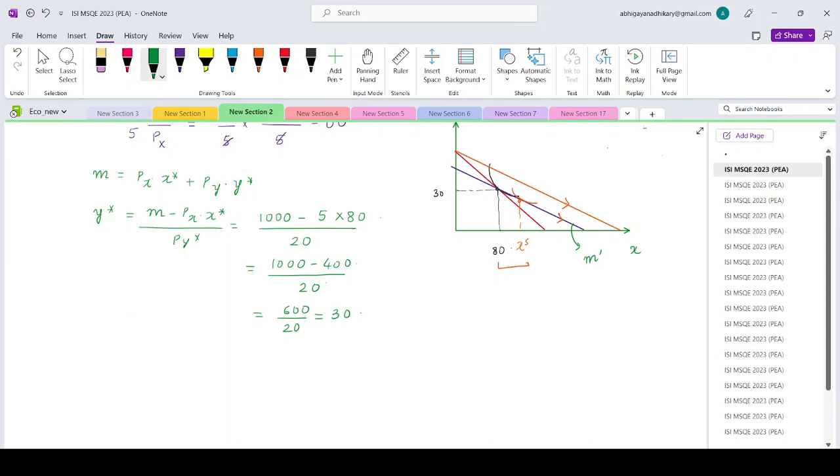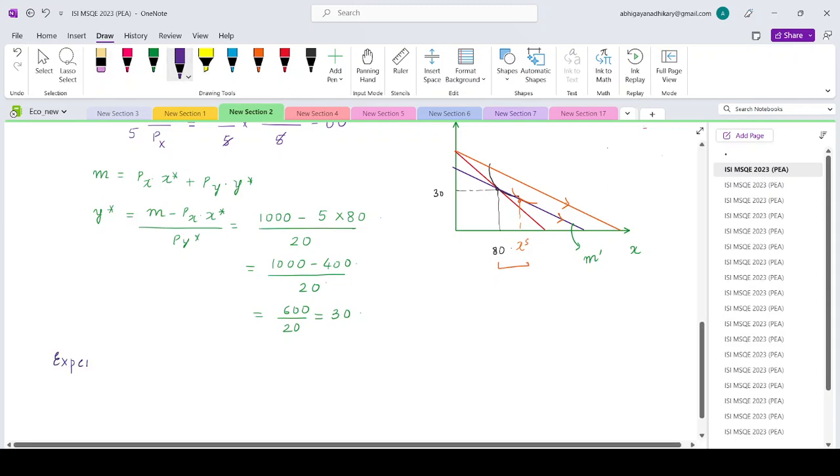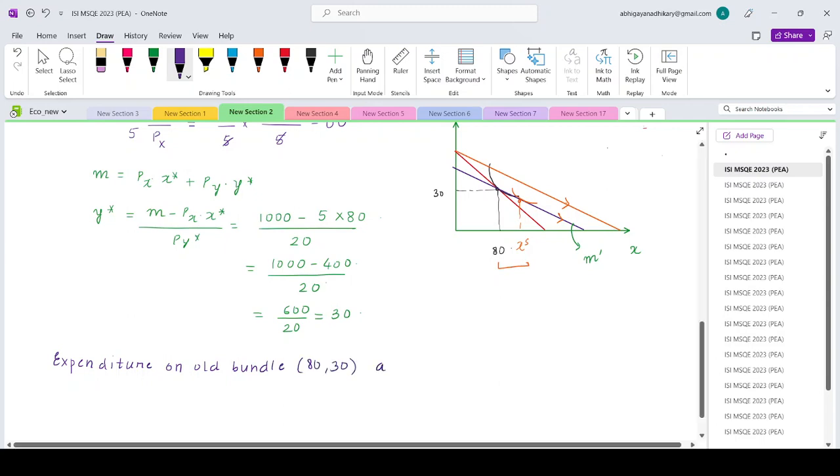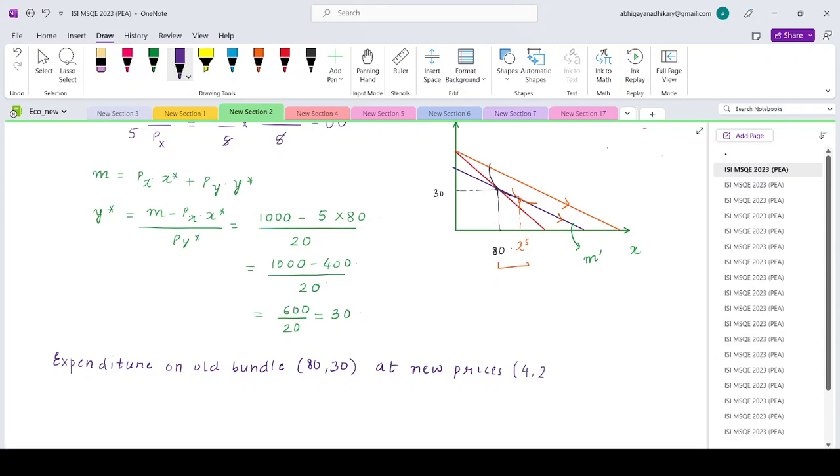Now since this budget line passes through the old consumption bundle, what we should check is what would be the expenditure on the old bundle, which is 80 and 30, at new prices. The new price of good X is 4 and the price of good Y continues to be 20.